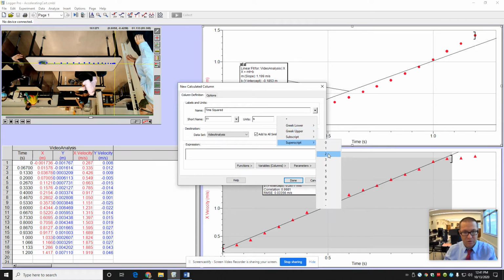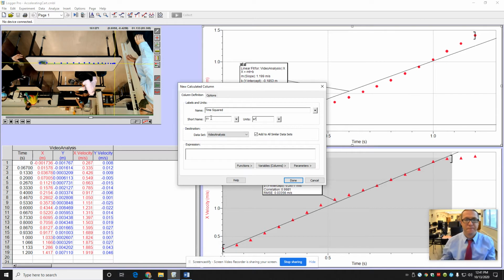Now, you would think if you're squaring time, it could square the units for you, but it can't. The software is not that smart. But anyhow, now we have to make the expression. This is like a calculator, basically. So I want to square the time value. I find the variable time that was already generated from the video analysis, and I square it.